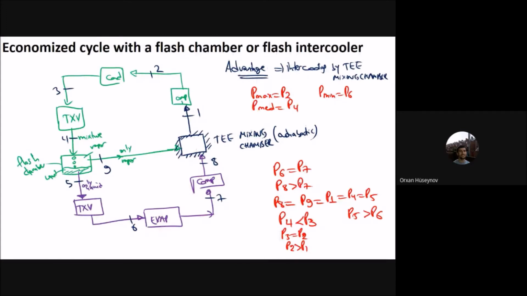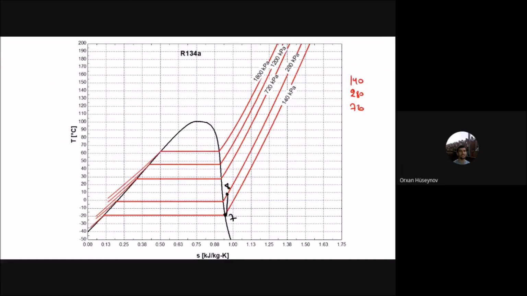This one has the higher enthalpy than that one because this is compressor outlet and this is the saturated vapor outlet. So this one is superheated. Okay, but this one is saturated. So therefore, this one has higher enthalpy than that one, but during the mixing process, the enthalpy drops to 1. We'll have the 1 here.